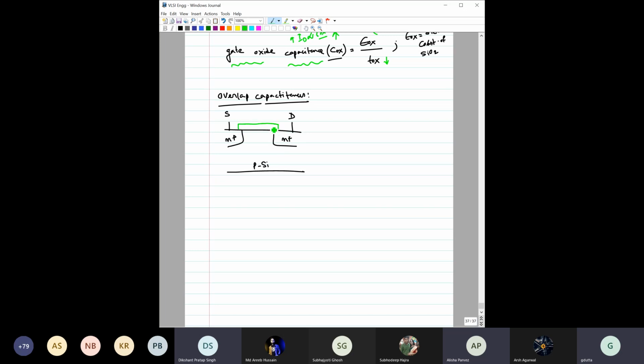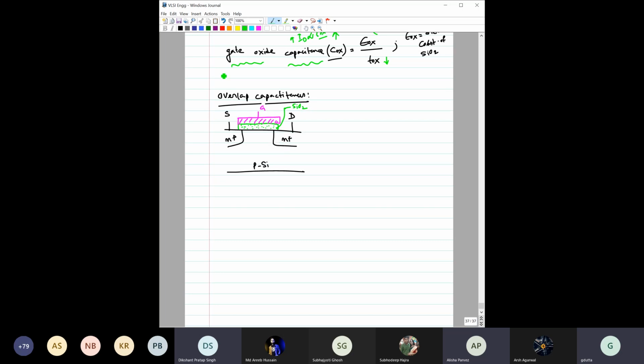There is one technological reason as well why we have to do it. I think we will take up that part when we are discussing the fabrication part, why we should have at least this much overlap. So this is the oxide, and this is the gate. This is SiO2.